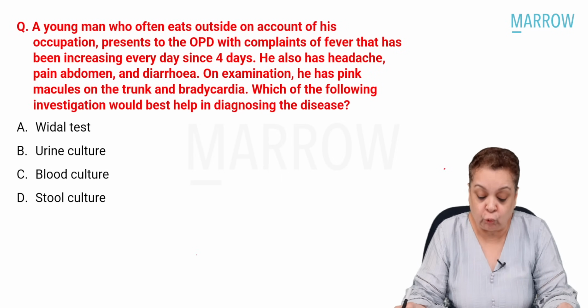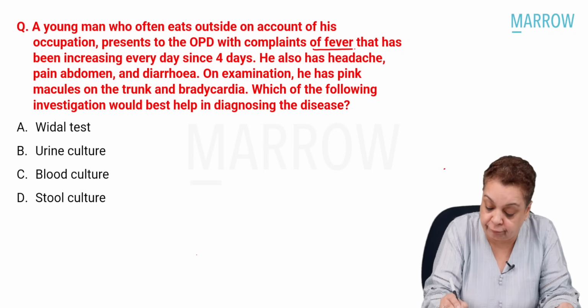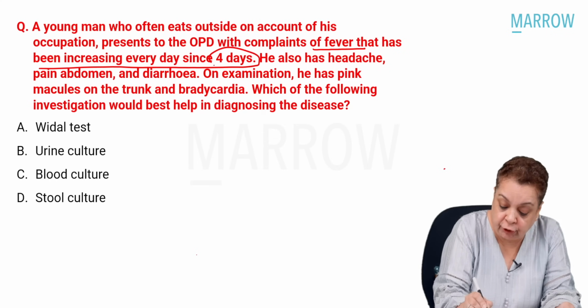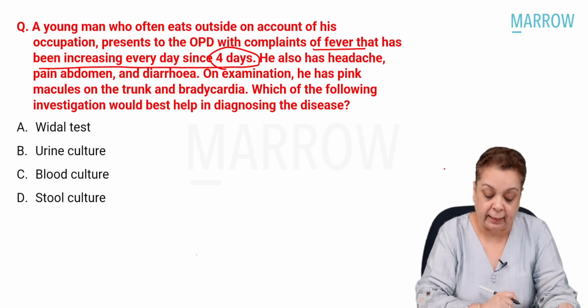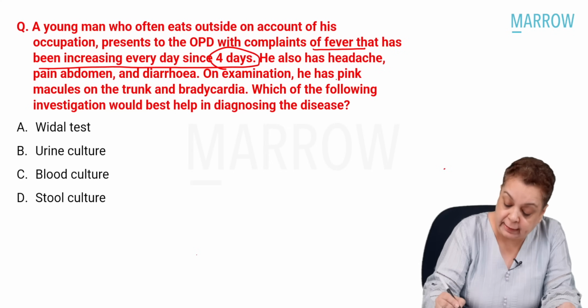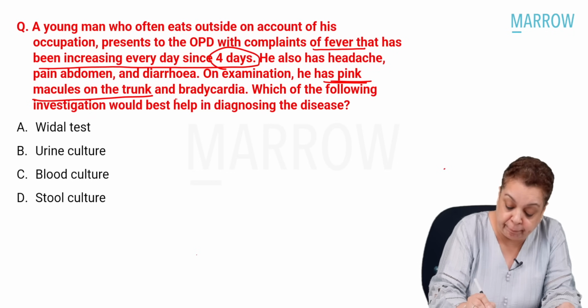A young man who often eats outside on account of his occupation presents to the OPD with complaints of fever that has been increasing every day since the last 4 days. He also has headache, pain abdomen, and diarrhea. On examination, he has pink macules on the trunk and bradycardia.